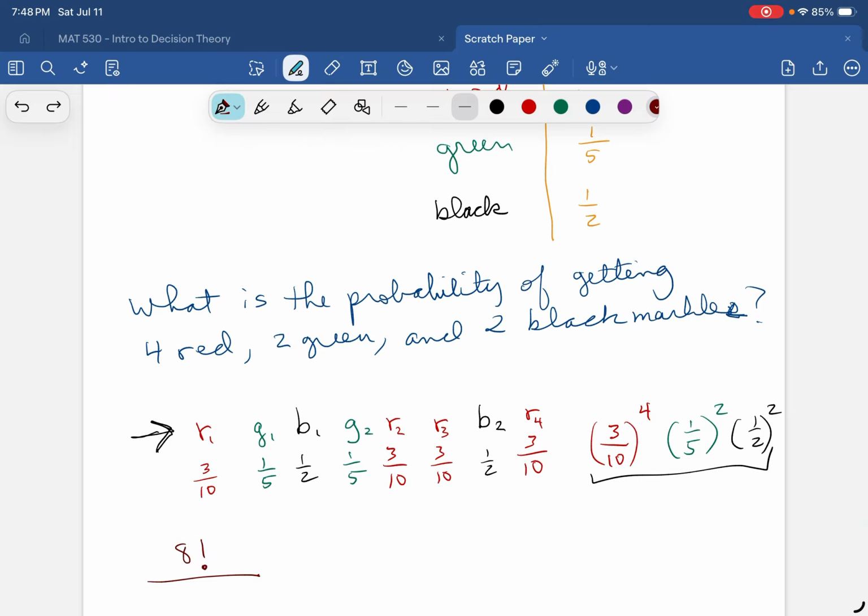So to take care of not overcounting the reds, we divide by how many different ways I could permute these reds, and the answer is 4 factorial. So we don't want to overcount the reds, and we don't want to overcount the greens, and we don't want to overcount the blacks. So that's why you end up dividing by that product of factorials.